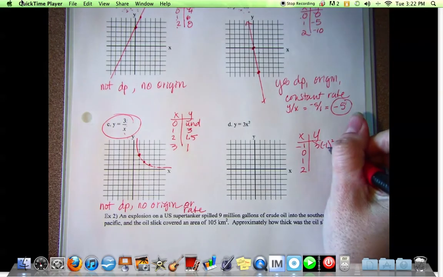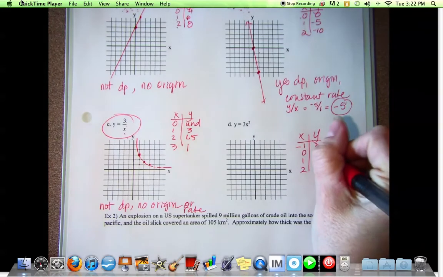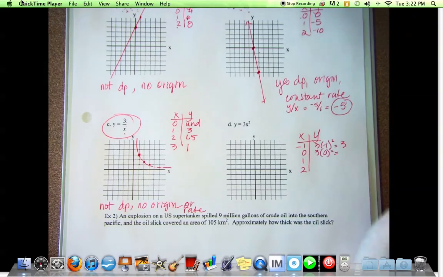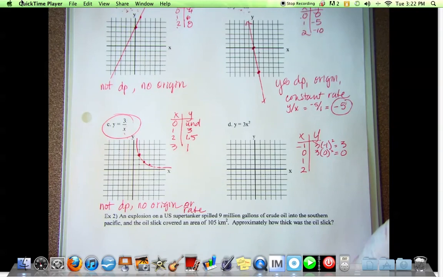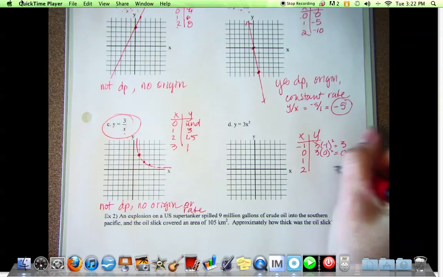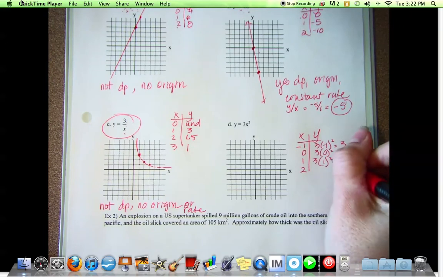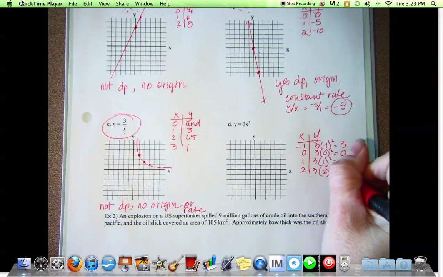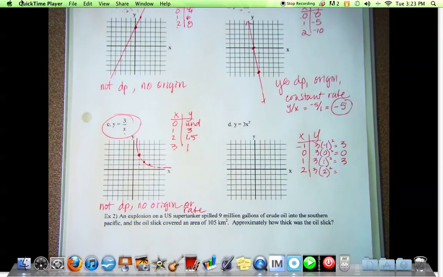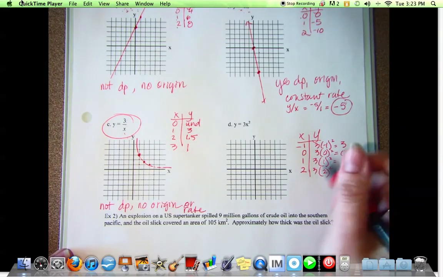Negative 1 squared is 1 times 3 gives us 3. 3 times 0 squared. 0 squared is 0 times 3 is 0. 1, we have 3 times 1 squared. 1 squared is 1 times 3 is 3. And then we have 3 times 2 squared equals 2 squared is 4 times 3 is 12.